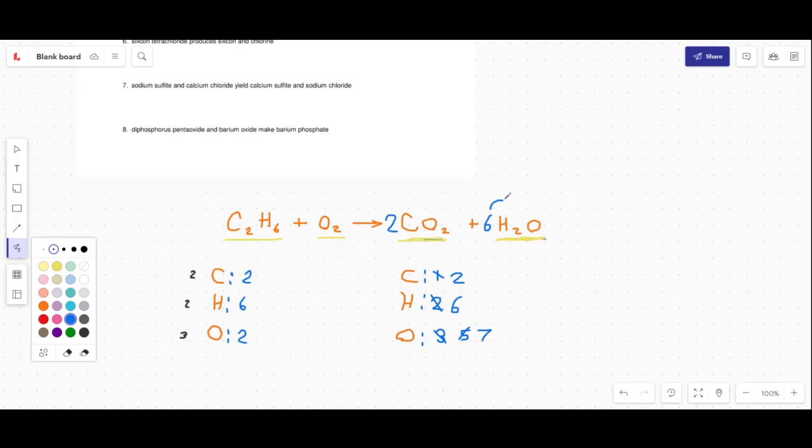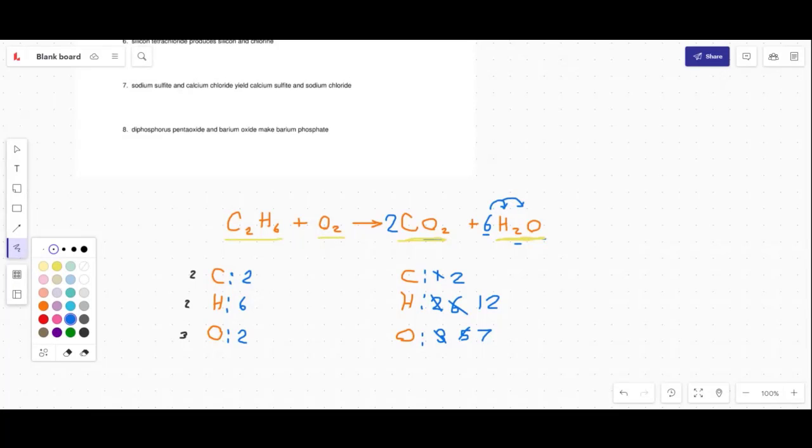And now that means I have how many hydrogens? There's 2 hydrogens in the formula, and this is a multiplier. 12. Remember, coefficients are multipliers. They multiply. Now, how many oxygens do I have total now?